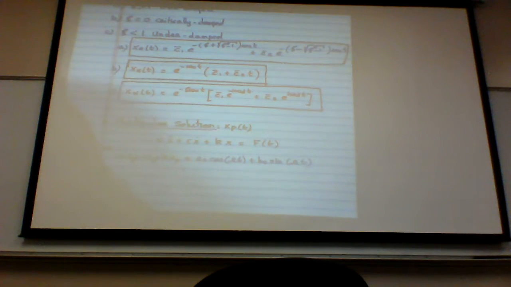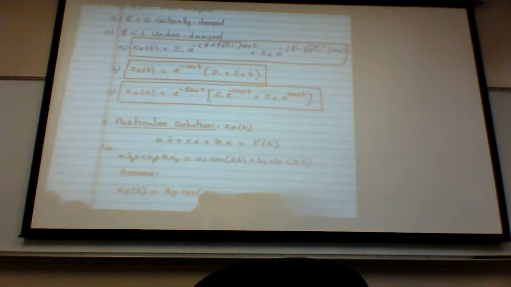So we can say over here, assume our particular solution, x p of t, to be equal to capital A sub p cosine omega t plus B sub p sine omega t.